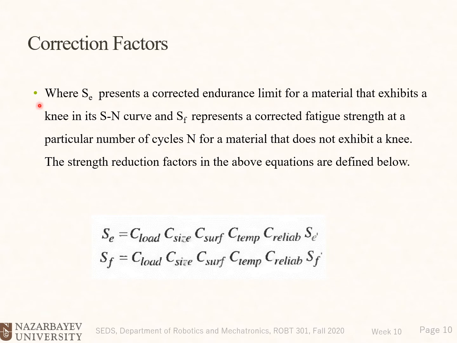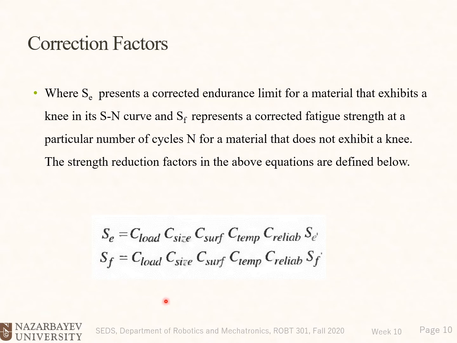Here, SE represents a corrected endurance limit for a material that exhibits a knee in its SN curve, and SF represents a corrected fatigue strength at a particular number of cycles for a material that does not exhibit a knee. The strength reduction factors in the above equations are defined below.